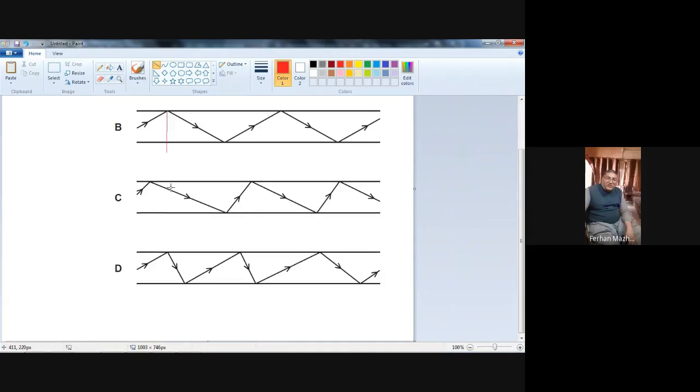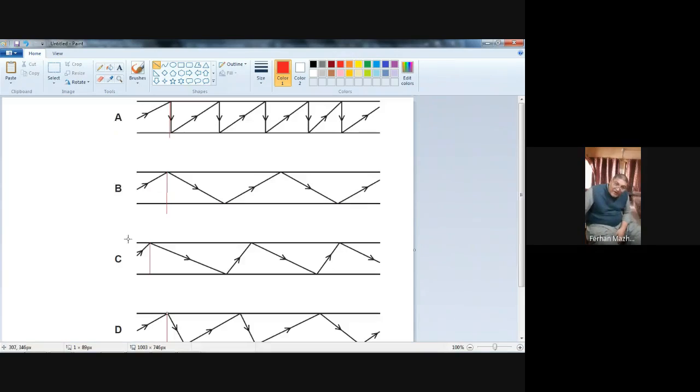It looks easy. Let's draw here. You see, the angle of incidence is smaller and the angle of reflection is larger. So C cannot be the answer. If I draw a normal here, even here the angle of incidence is greater and the angle of reflection is smaller, so it's wrong.